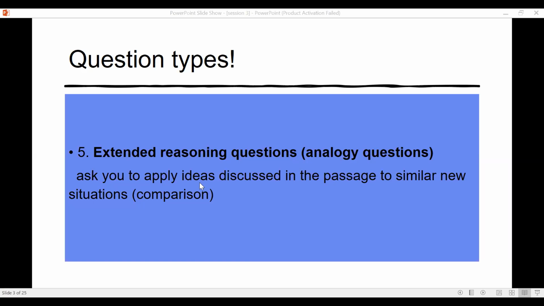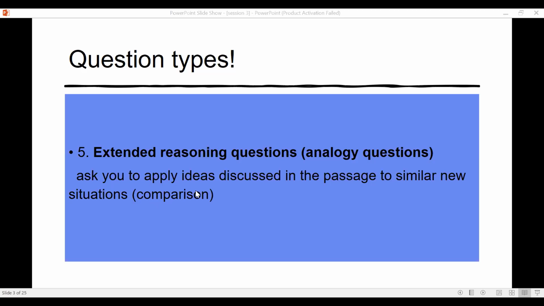So the 5th type is the analogy questions, or Erica has a very sophisticated name for these questions, like extended reasoning questions. What do I mean by that? Analogy questions. These questions ask you to apply ideas discussed in the passage to similar new situations. So it's all about comparison.